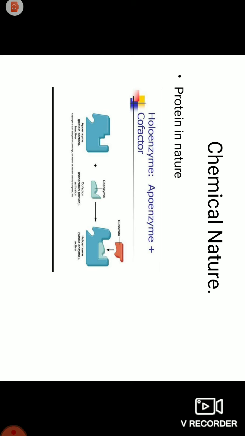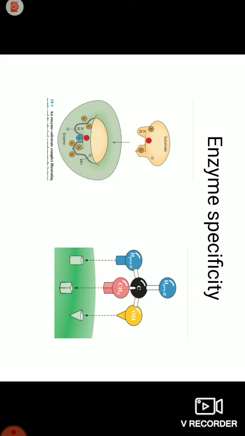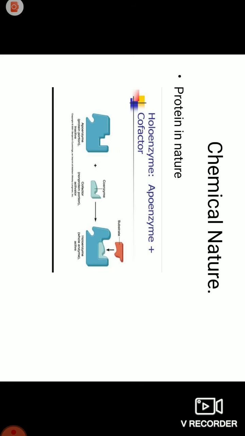Most of the holoenzymes will have some additional non-proteinaceous part, which is called the cofactor. So what is this cofactor? Cofactor is a non-proteinaceous part which is usually complexed to the protein part of the enzyme.